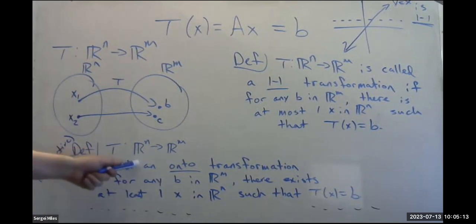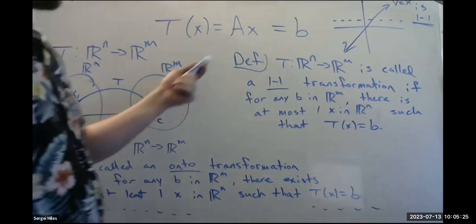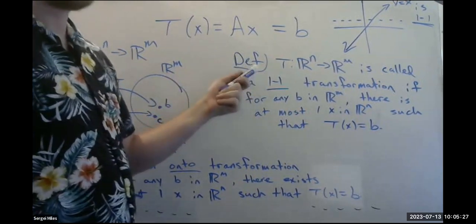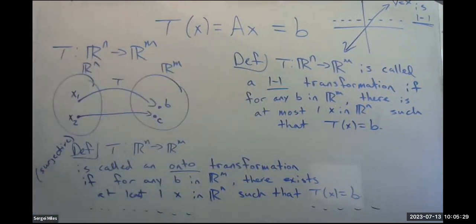For onto, we said for anything in the codomain, there exists at least something in the domain, some input that can be mapped to it. Whereas for one-to-one, it doesn't have to be everything in the codomain. We're just talking about the range.